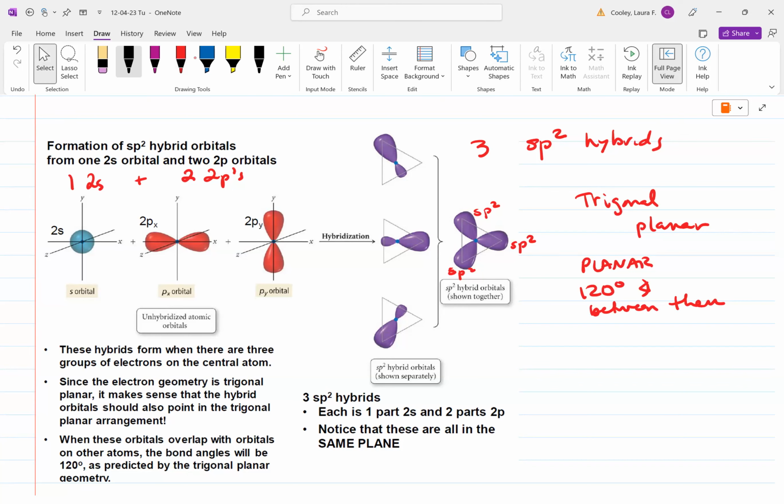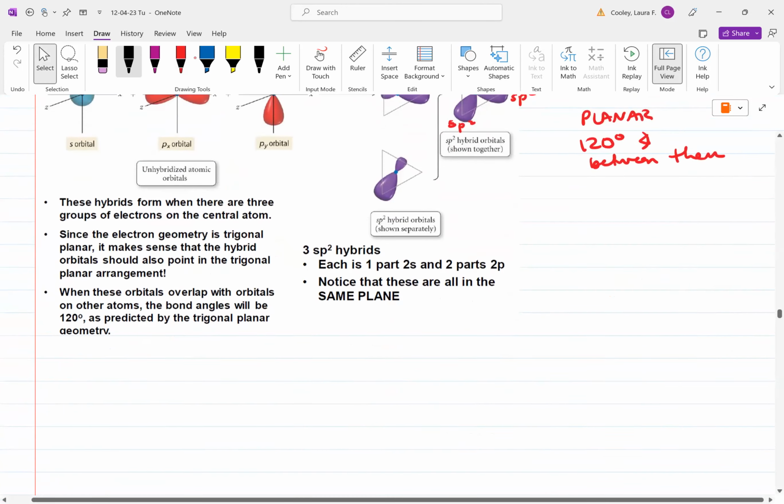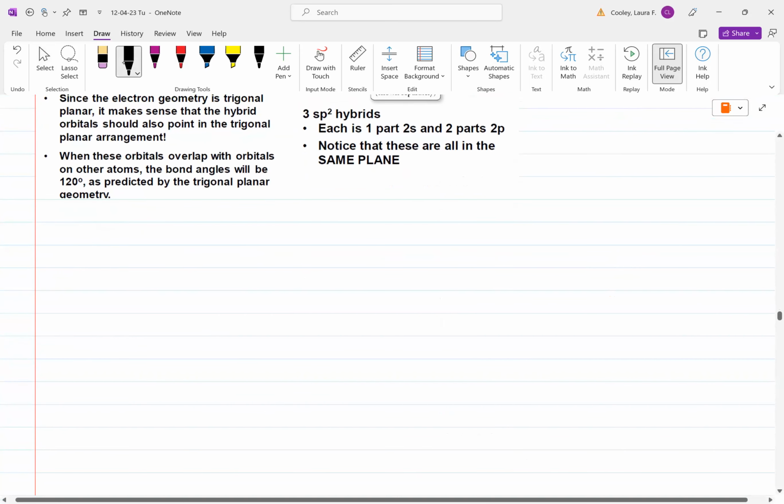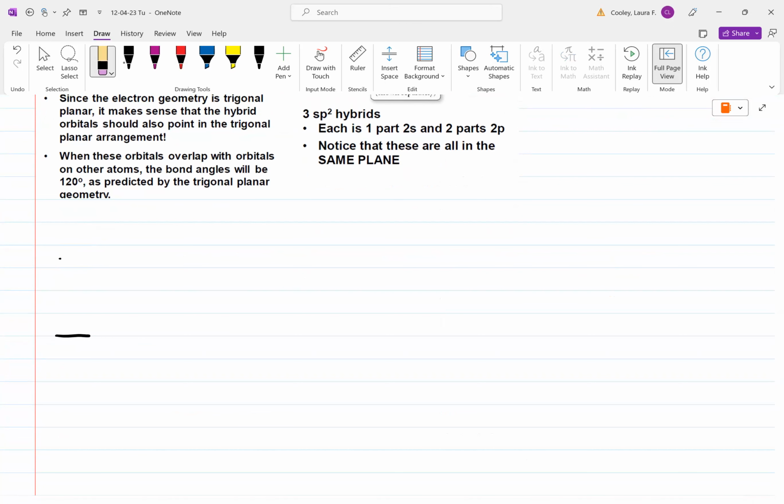Okay. So let's take a look at how we can combine these orbitals. Here I'm just going to repeat this diagram. This is what we had, our sp2 hybrids, 3 of them, and we had a 2p that's left over. And here's the 1s. These are all half filled and ready to overlap with something else. So this is carbon number 1. Well, all the carbons are the same here.